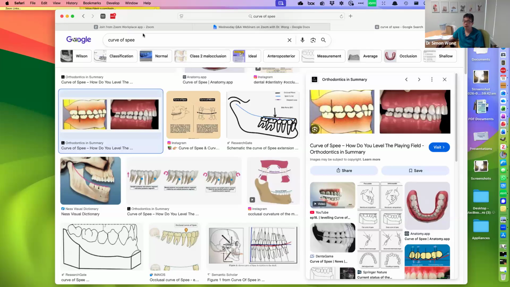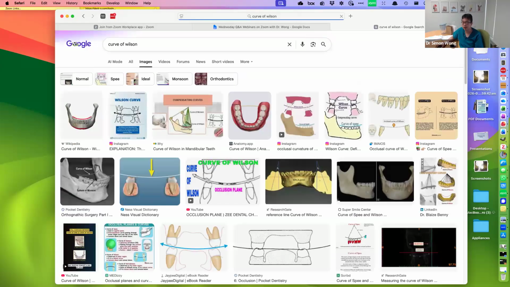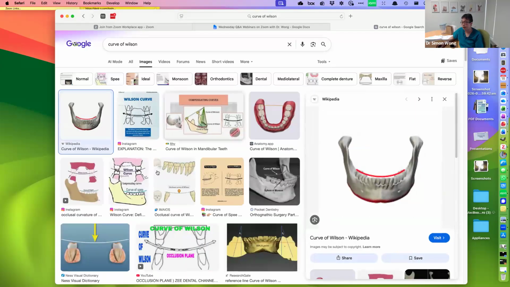The other dimension of interest is the curve of Wilson. Curve of Wilson is the amount of tip there is in the molars. Again, the same scenario. In natural dentitions, you have a mild curve of Wilson.